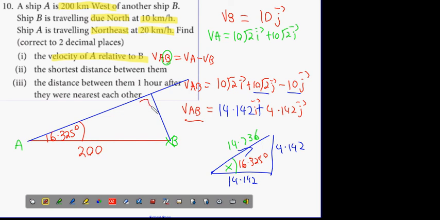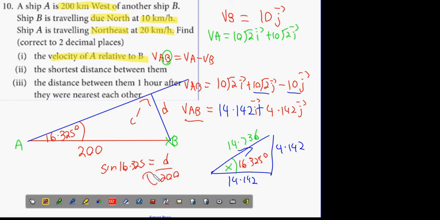And I want to find out what D is. Can anybody tell me how to find out what D is? 200 times sine, okay, because the longest side in the triangle is the hypotenuse, which was 200. So what you're going to do is sine 16.325 equals D over 200.